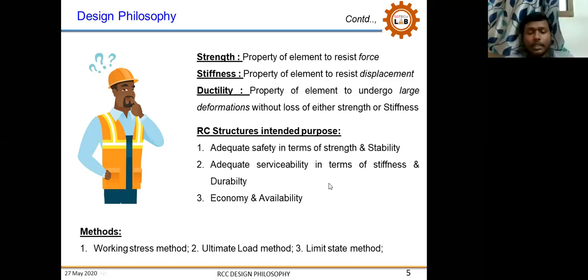These ideas have evolved not over 2-3 years or 2-3 decades, but over a period of decades, in which they worked it out and found which is the best method. So there comes the working stress method. Why is it called the working stress method? What made them find what the working stress method is?